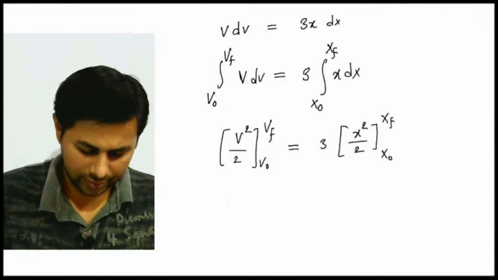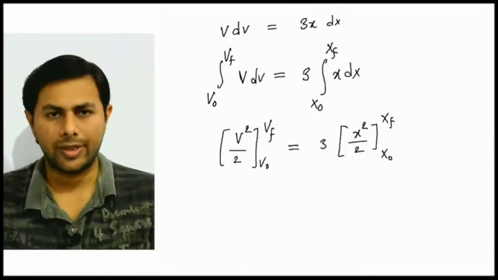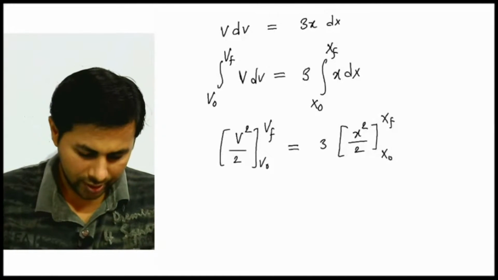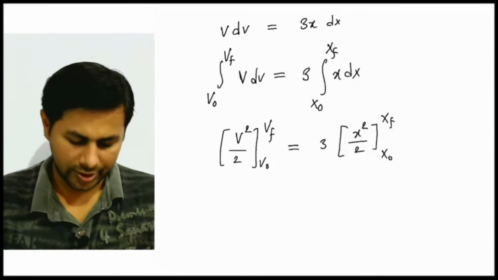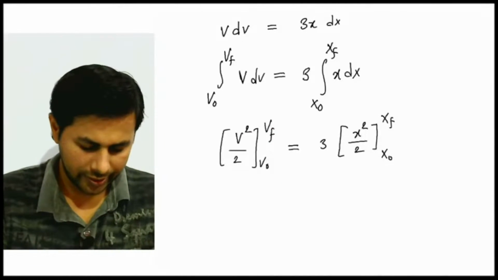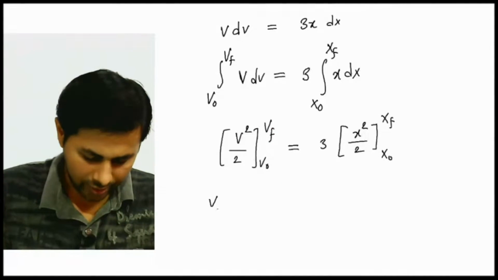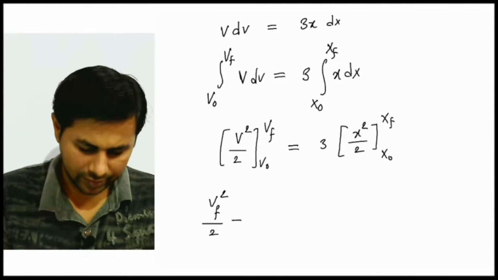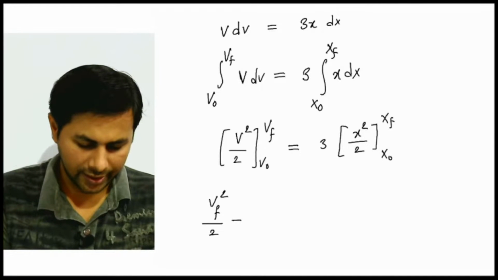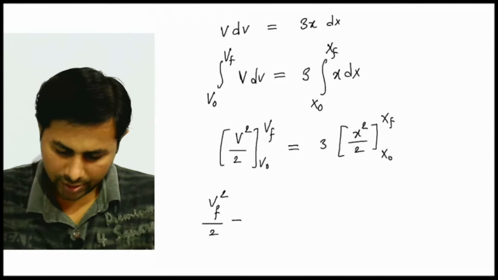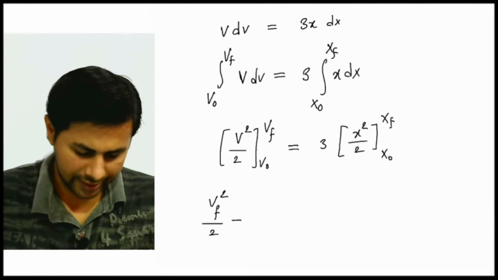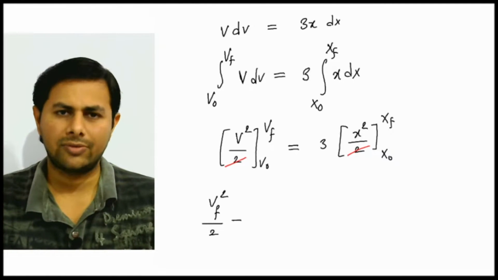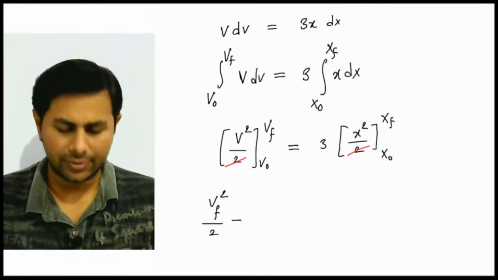And now let's substitute the upper and lower limits. So substituting that, we get, in place of v, we'll substitute vf and v naught. So vf squared divided by 2 minus, okay, before that, we see that we have 2 in denominator on left hand side as well as right hand side. So we can cancel it out.